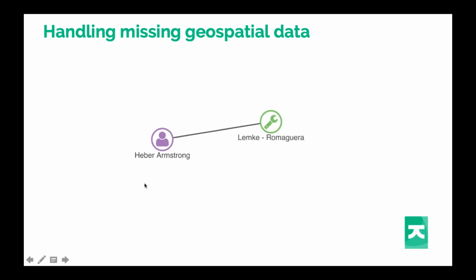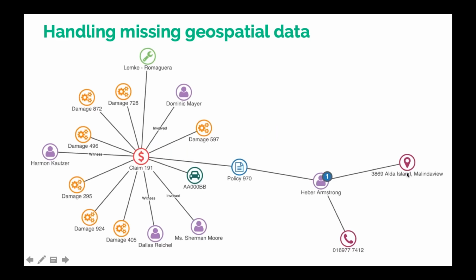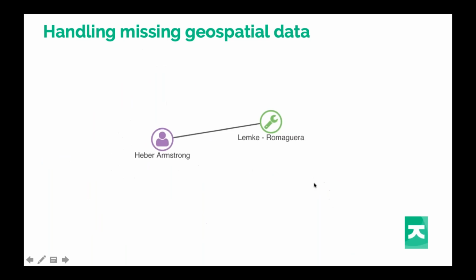And the second thing we'll do is transfer the address properties, the geolocation of the person's home address, and put it on the node as a property of that node. So that means we now reduce the data model to just 2 nodes with links between them, and both of those nodes have a piece of geospatial information.